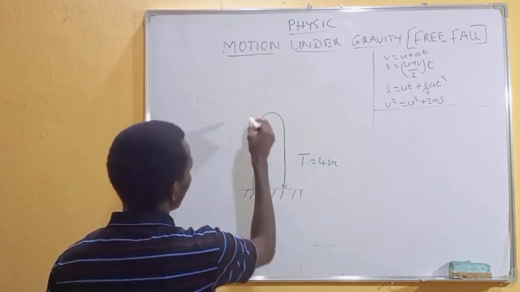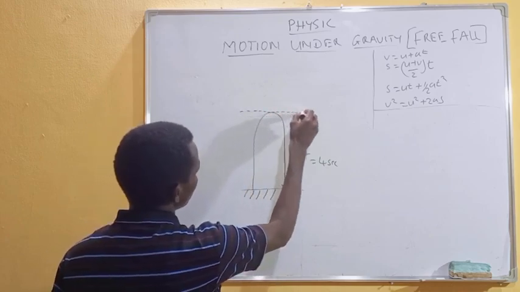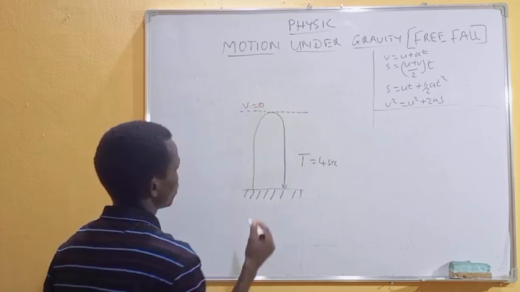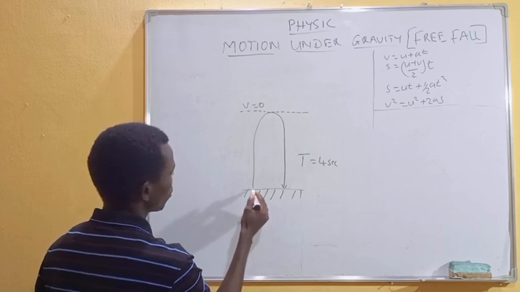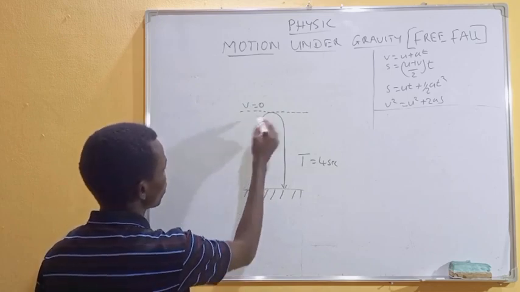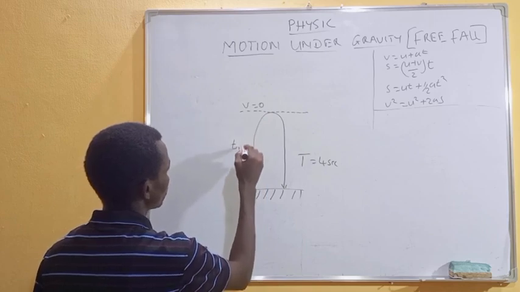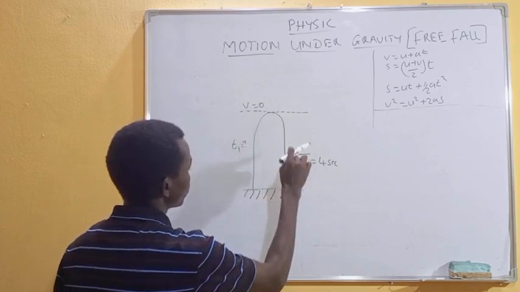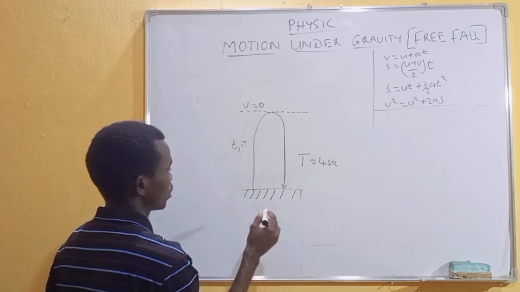From here now, at the highest point, we have velocity equal to 0. Let's assume that the time for the object to reach the maximum height is t1. And t1 is half of the total journey.